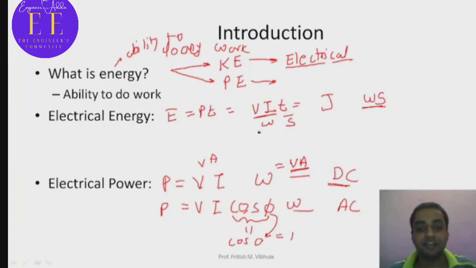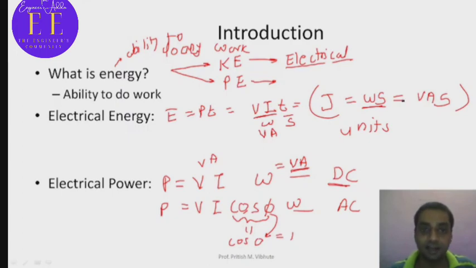Sometimes watt is also represented by VA, so the unit of energy can also be represented by volt ampere second, VAS. In fact, all three units are exactly the same: joule, watt second and volt ampere second. These three are identical.